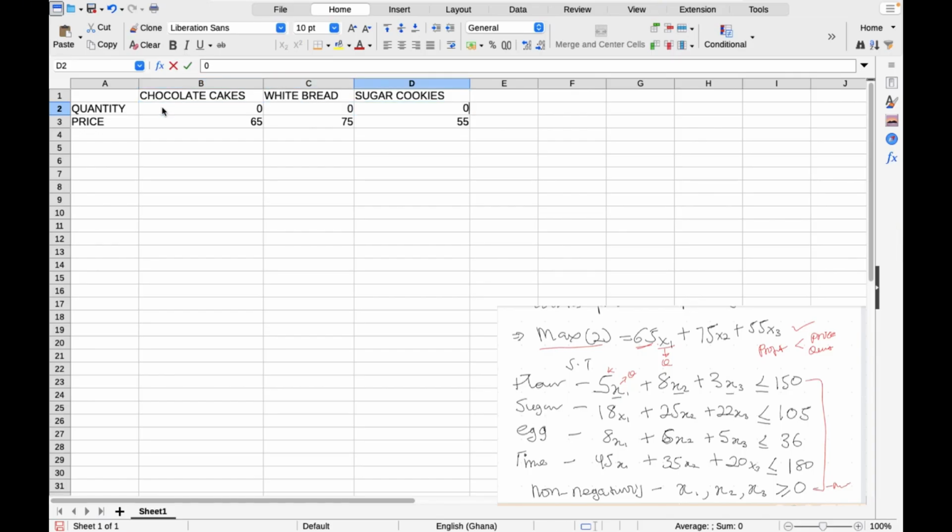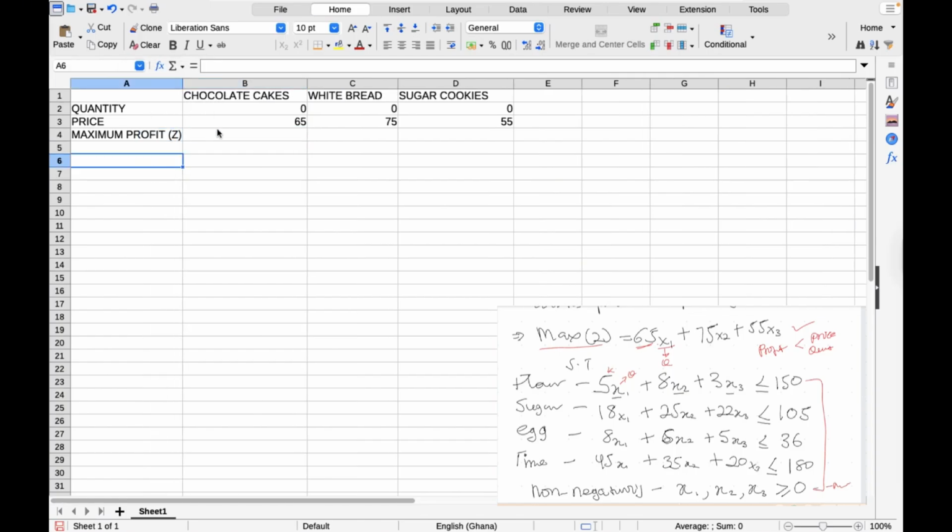So here is 0, here is 0. Therefore, to maximize profits, you can say our maximum profit. Let me write profit here. Normally represented by variable Z. So we don't know it, so we are now finding it. Let me expand this one.